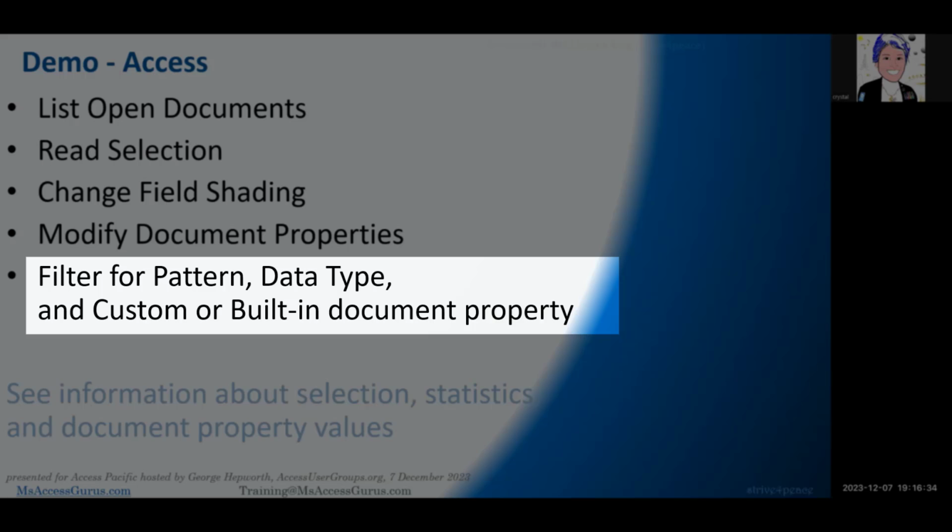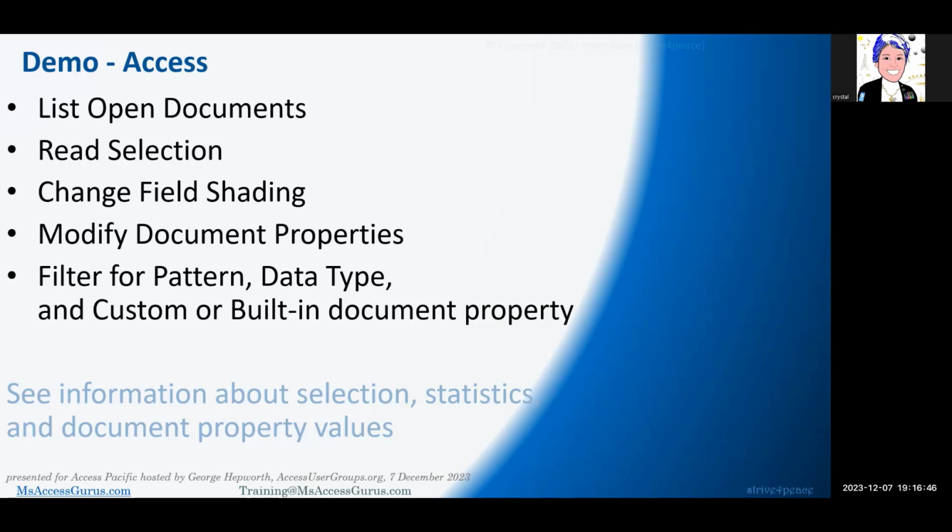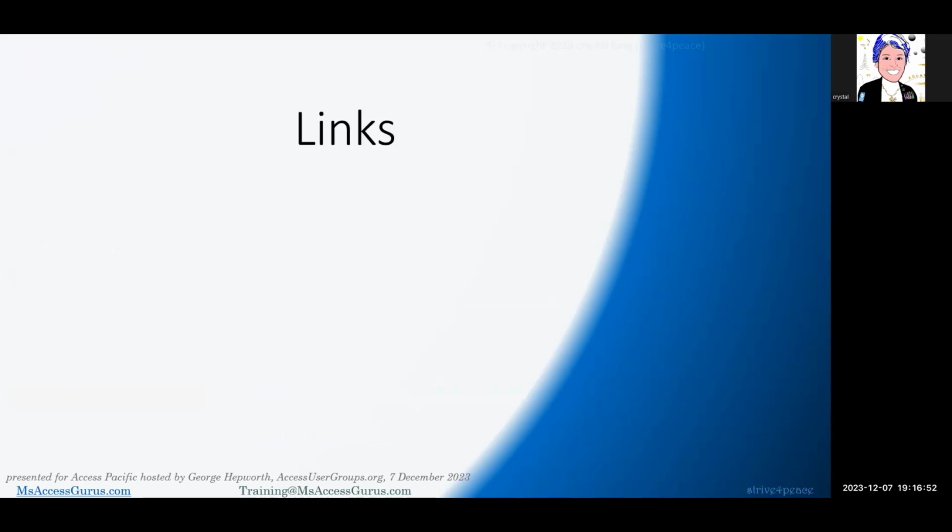But you can also give it a pattern. We did do the pattern too, because I think I looked for emails. And you can also filter for custom or built-in property. And here again, I have more slice and dice things in other databases, but I simplified it here.